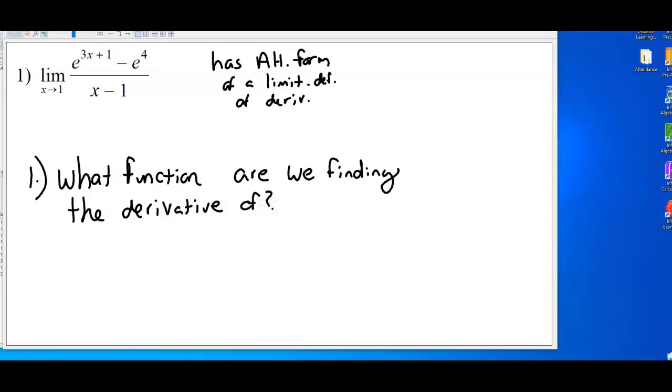What function are we finding the derivative of here? Well, as I told you, the function is right here. It's that first part. Remember, it's f of x minus f of c. This represents f of c, but we don't really care about that at the moment. We care about this. This is my f of x. So the answer is we're finding the derivative of this function, which I'm going to call f of x, and that function is e to the 3x plus 1.